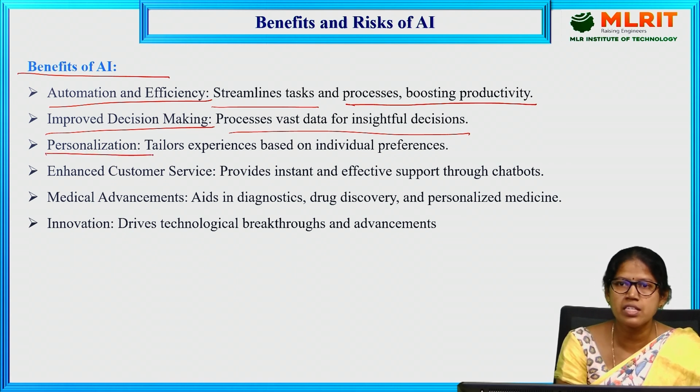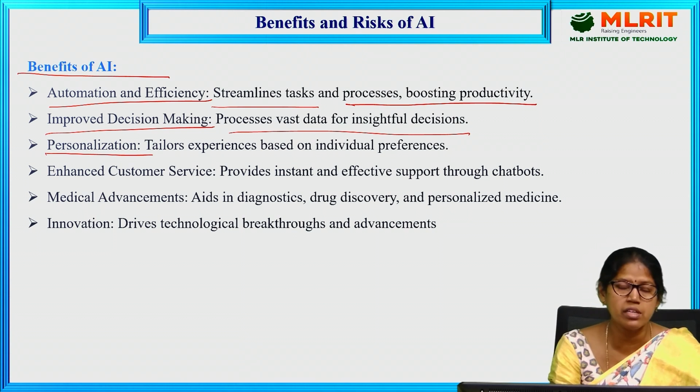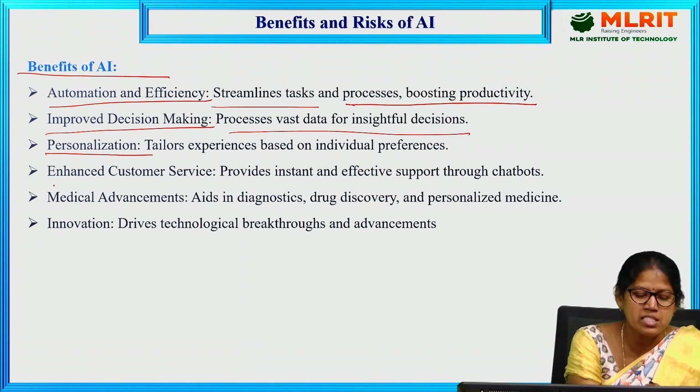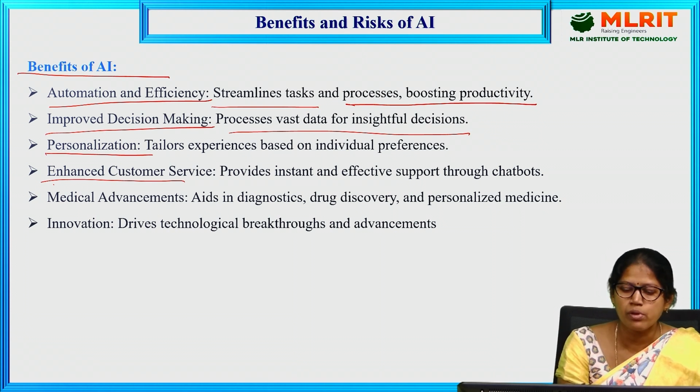Next, personalization. So if it is a diet plan or online shopping, it will recommend based upon that person's habits, that person's preferences, it will give that assistance. Next one is enhanced customer service. 24/7 it will be available to give suggestions or support the customer.